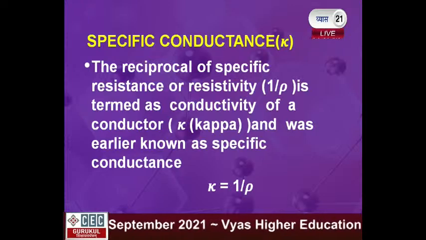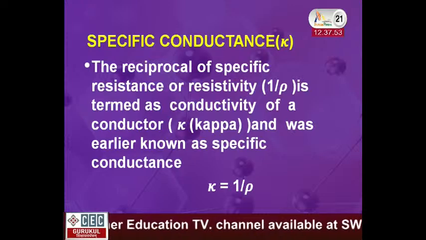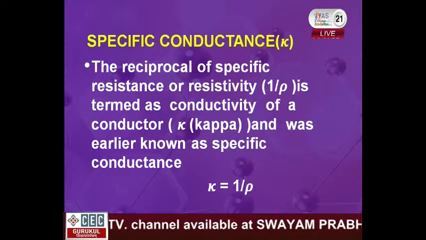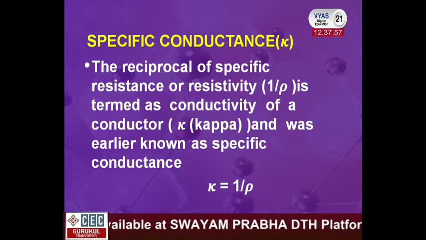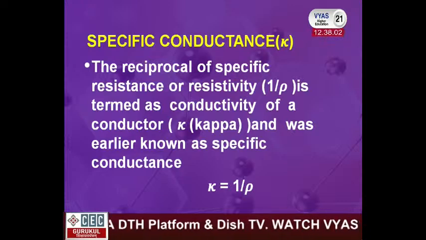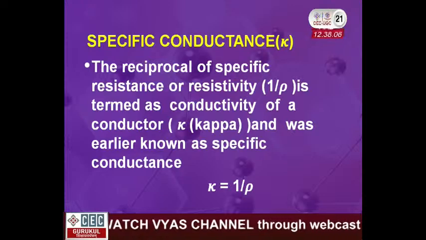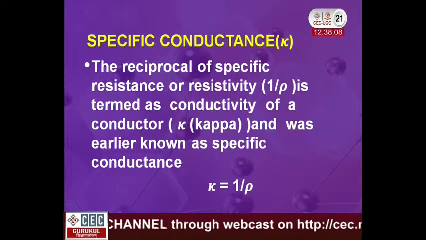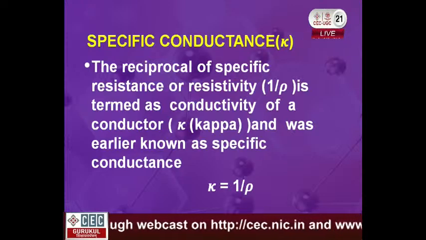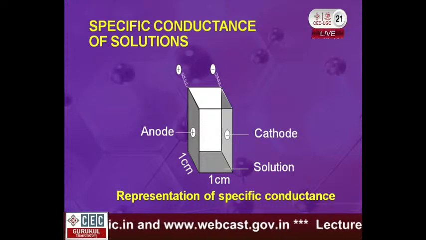The reciprocal of specific resistance or resistivity, 1 by rho, is termed as conductivity of a conductor, that is represented as kappa and was earlier known as specific conductance. So, 1 by rho is equal to kappa, or kappa is equal to 1 by rho.